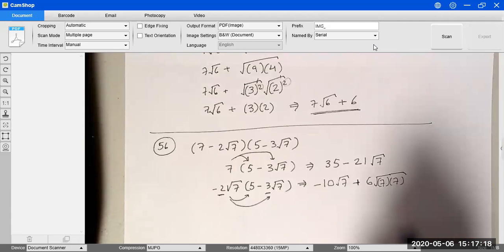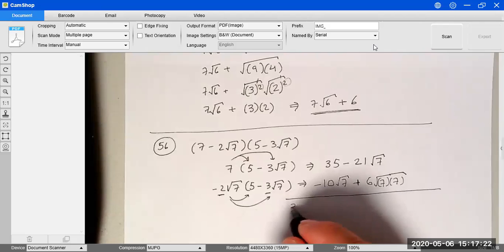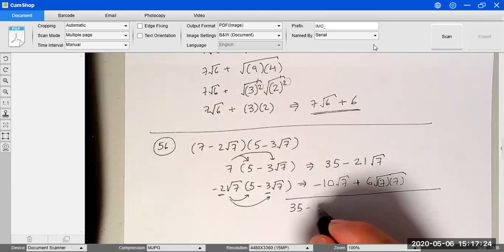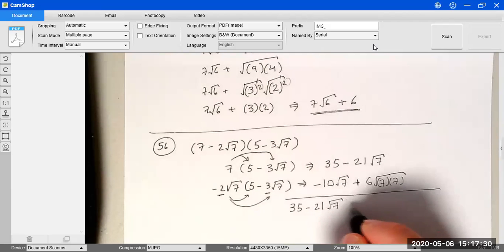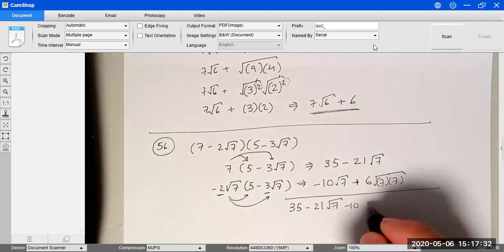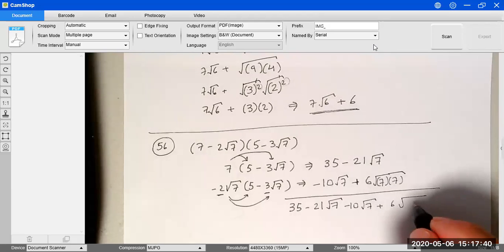So now I'm going to write everything in a single line to see better whether I can simplify something. So I have 35 minus 21 square root of 7 minus 10 square root of 7 plus 6 times, and then I have 7 times 7 is 7 squared.